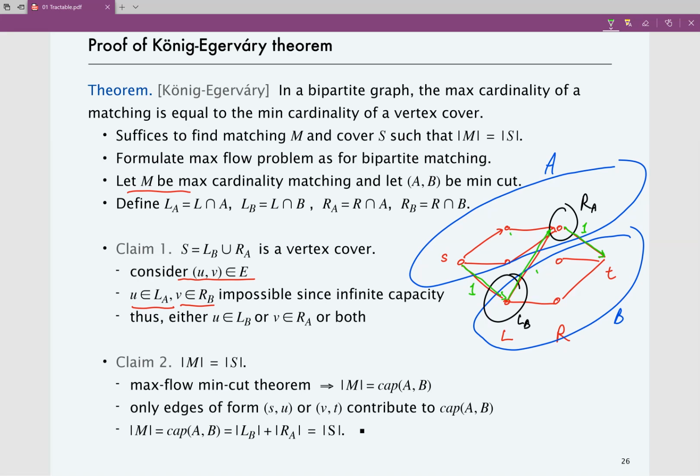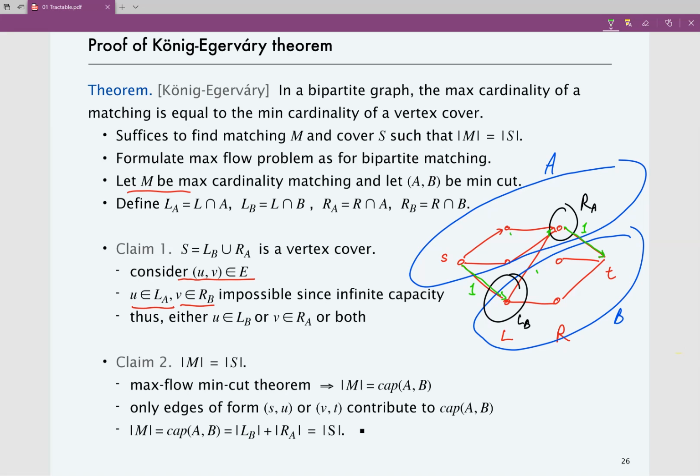The capacity of the cut are the edges from A to B. Okay, so we can ignore this edge over here. Okay, so that means that the only edges which contribute to the capacity are from S to these left side nodes, and from these right side nodes to T.